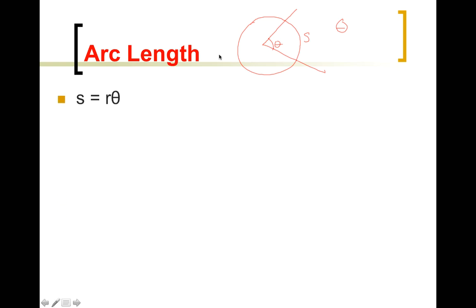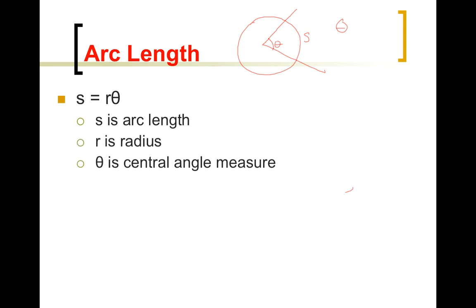So the arc length formula is probably one of the most simple formulas we're ever going to use. S, the arc length, is equal to the radius times the central angle. So S is arc length, R is radius, and theta is the central angle measured in radians. And it must be measured in radians, or you're not going to be able to do it.